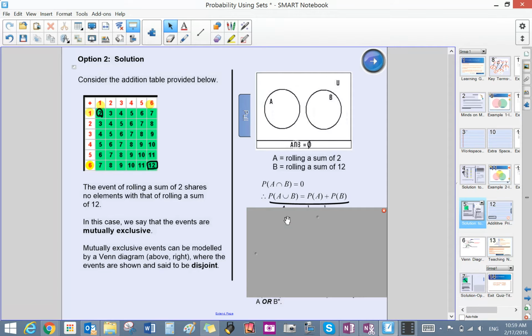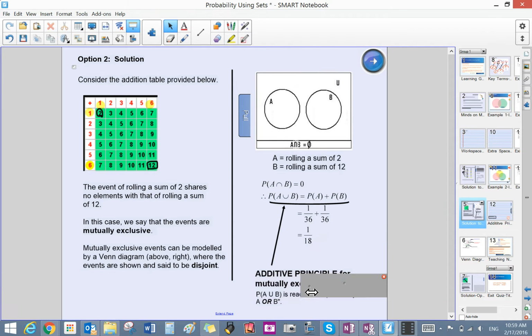And in this case, because they are mutually exclusive events, we simply add the individual probabilities. So that is 1 on 36 plus another 1 on 36. And in lowest terms, that is equal to 1 over 18.